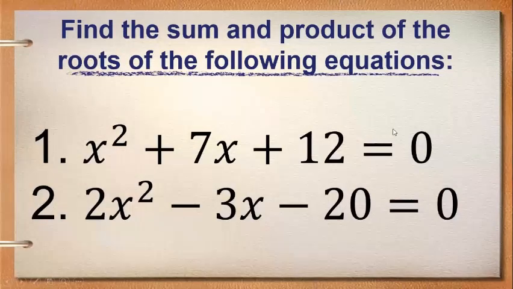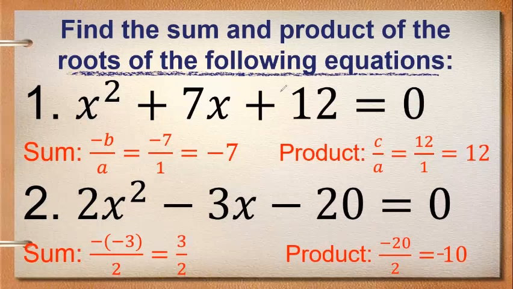Find the sum and product of the roots of the following equations. You can use the simplified form of the sum and product of the roots. Remember, sum is -b over a and product is c over a. For the first equation, the key is you need to identify first the values of a, b, and c so that you will just plug in the values to the given formula. For the first, we have b is +7 and a is 1.